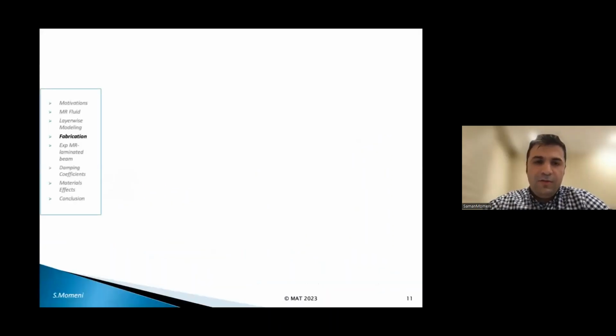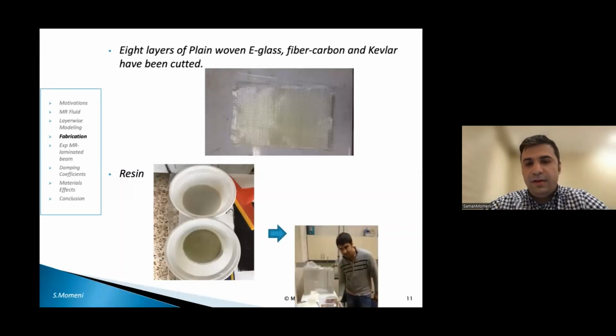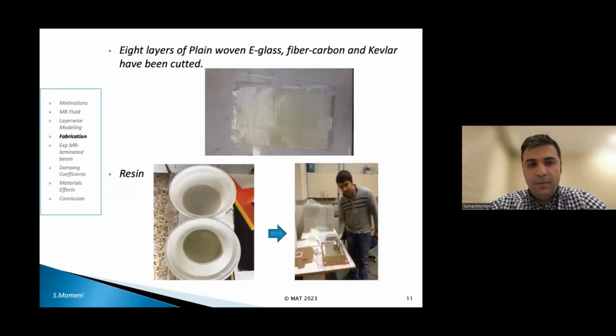In order to validate the results with experiments, at first, we cut the 8 layers of plain woven E-glass, carbon fiber, and Kevlar in order to build a specific MR laminated beam.